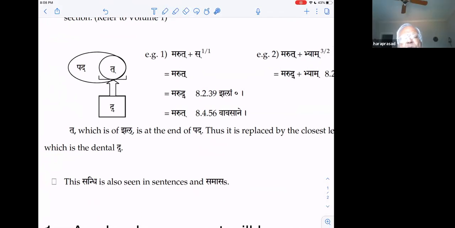How is marut plus the ending becoming marut? We'll see that. Basically, it comes and gives the status of anga, but then it goes away, and the final form is marut. But it's still a pada. It's still subanta. It still technically was blessed by that.